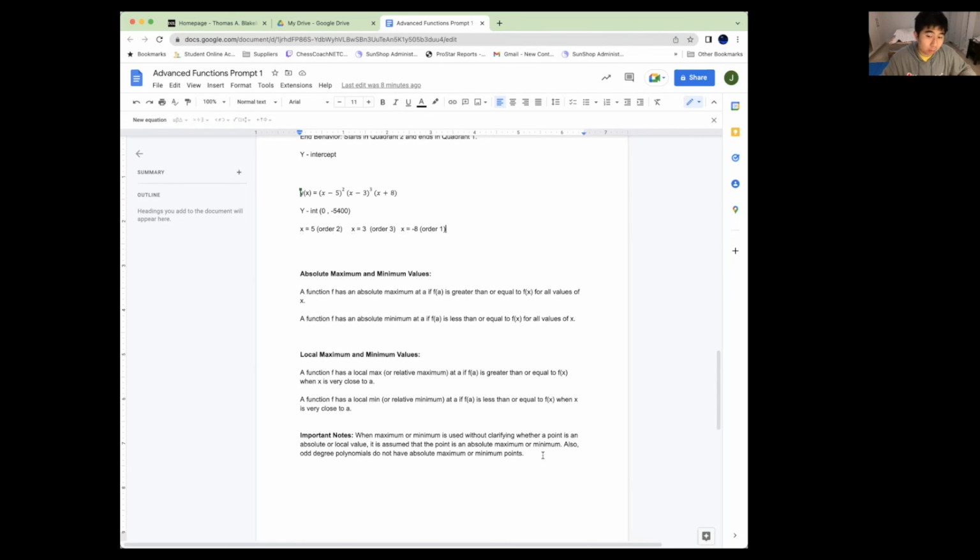And here are some important notes. When maximum or minimum is used without clarifying whether a point is an absolute or local value, it is assumed that the point is an absolute maximum or minimum. Also, odd degree polynomials do not have absolute maximum or minimum points. So let's go to the whiteboard.